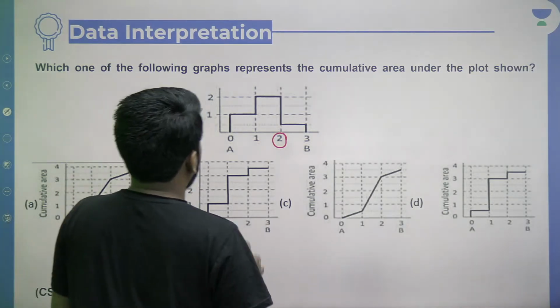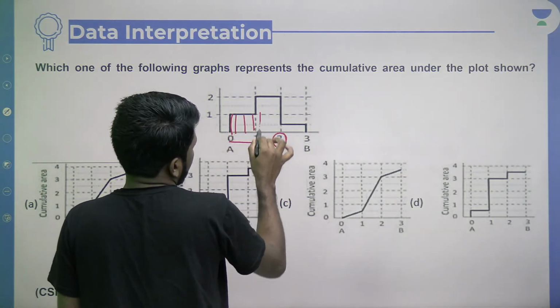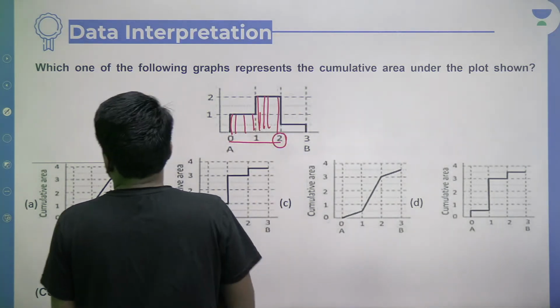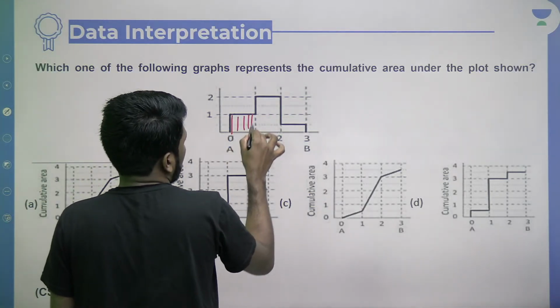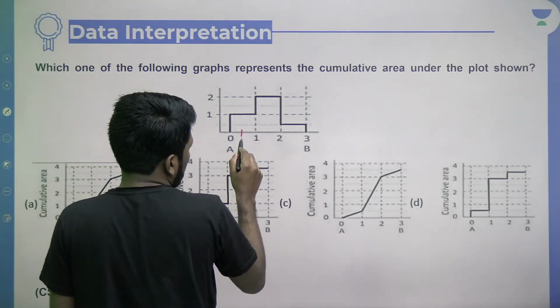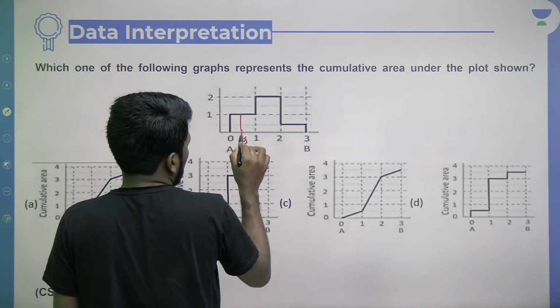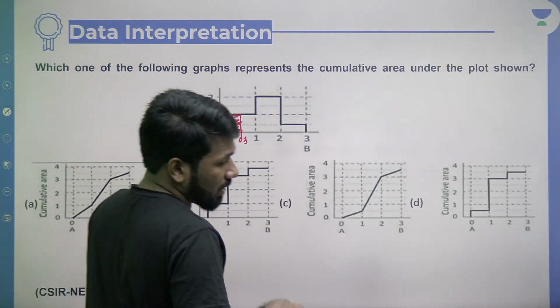At point 2, the cumulative area will be the total area from 0 to 2, that is this much only. Cumulative area with respect to 1 will be this much only. Are you all understanding? So cumulative area till half will be what? If this is 0.5, that will be this much only. Are you understanding what is cumulative area?